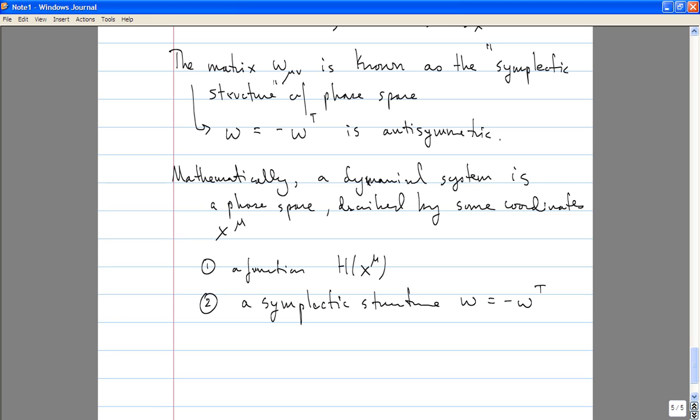Now we have a formulation where we treat the Q's and P's on equal footing. So can I do transformations that mix Q's with P's? The answer is yes, but not always. And the not always comes because you need to preserve this thing called the symplectic structure.